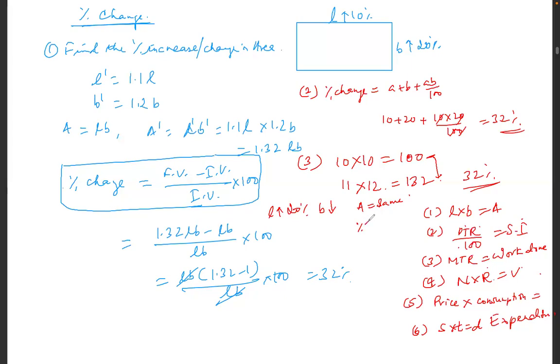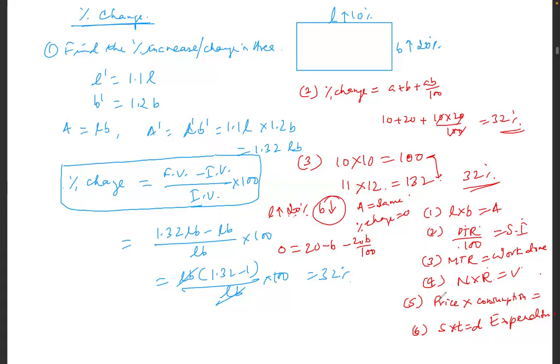Percentage change in area is how much? 0. So in this case, what will you do? 0 is equal to A, 20%, so write 20. B we don't know, so write B, minus 20B divided by 100. Now calculate B, so you'll get the answer.